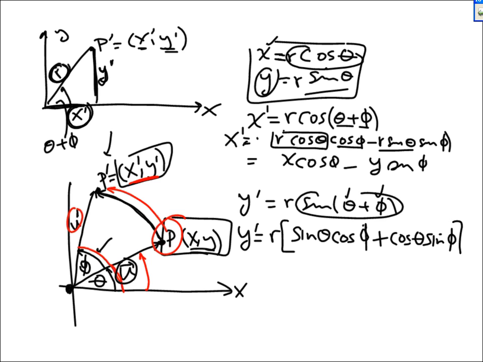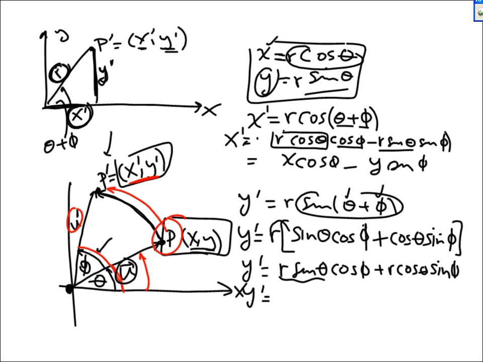Multiplication commutes, so it's no big deal. It's just a trigonometric identity that students need to know. Distributing the r, y prime is r sine theta cosine phi plus r cosine theta sine phi.